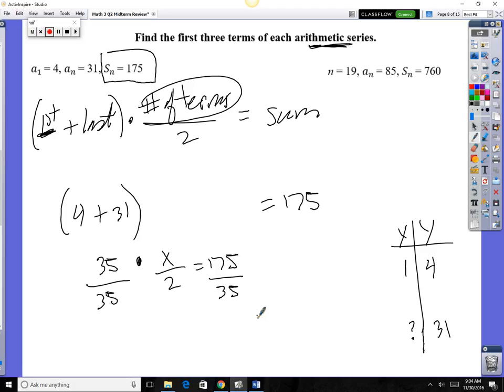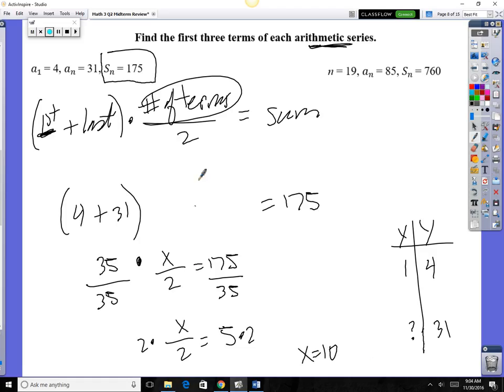If you do 175 divided by 35, that will give you x divided by 2 equals 5. And now just undo the divide 2, so times by 2, times by 2. That means x is 10.